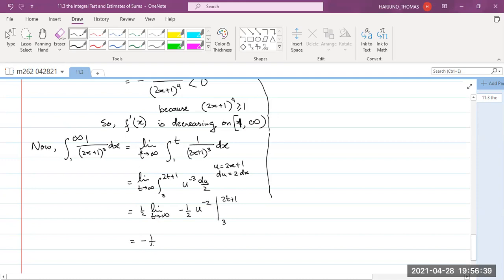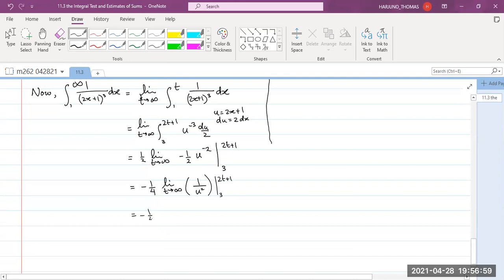That is negative 1/4 times the limit as t goes to infinity of 1 over u squared from 3 to 2t plus 1. So this will be 1 over 36.